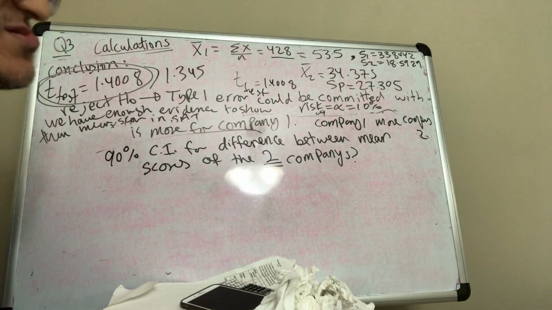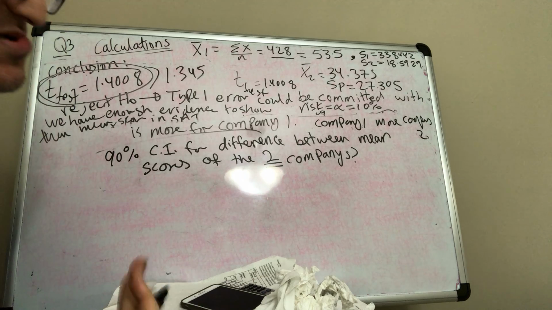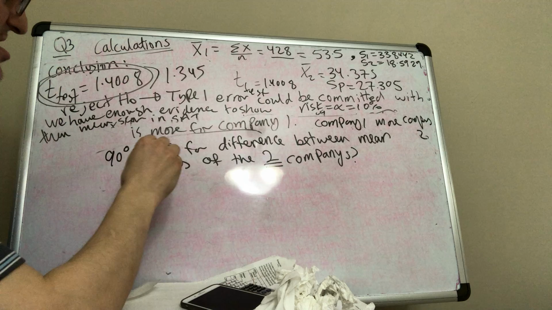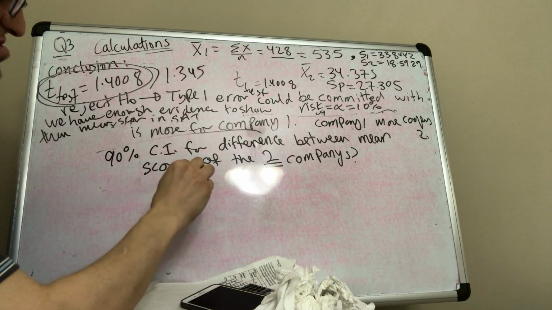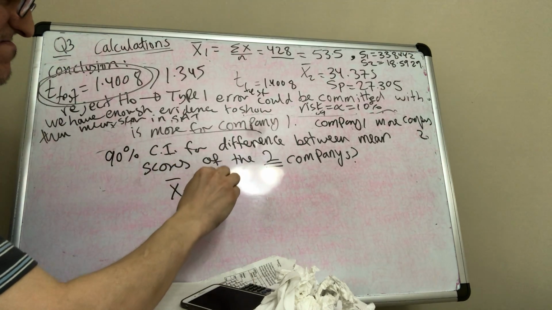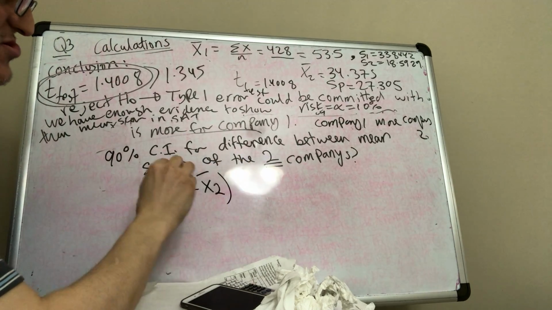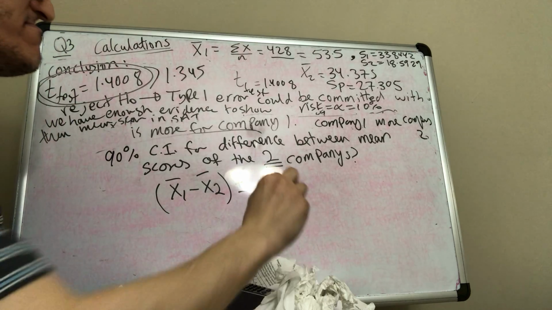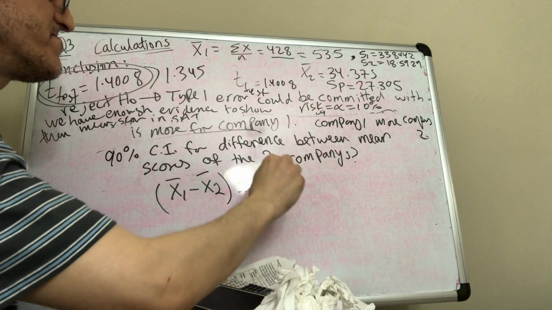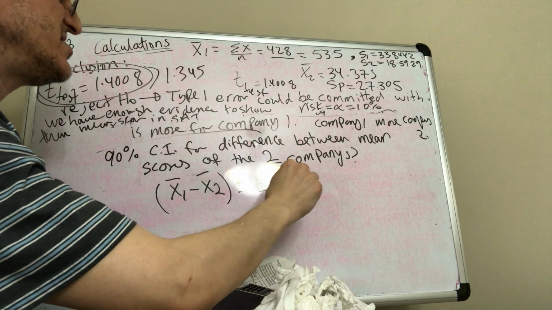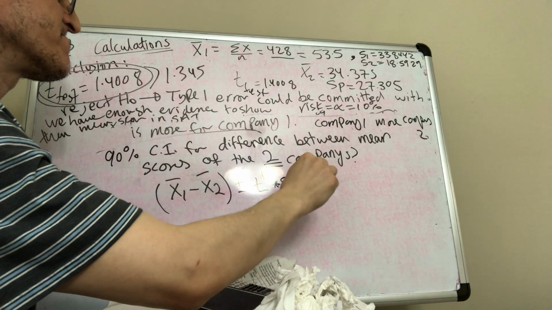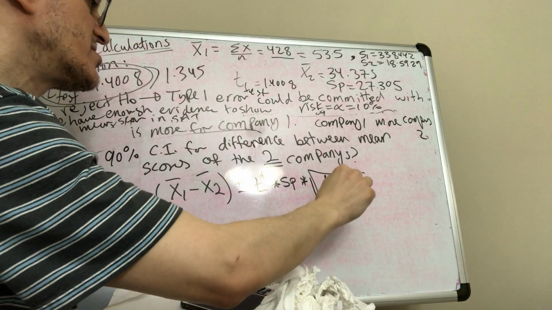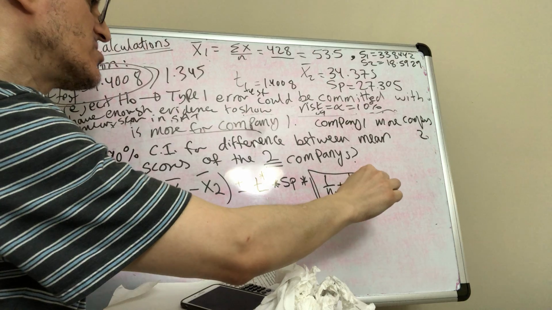Since we know that this question is a two-sample independent, because you have two separate groups, the confidence interval formula would be average group 1 minus average group 2, plus minus, all confidence intervals have the plus minus, t star, Sp, times square root of 1 over n1 plus 1 over n2.